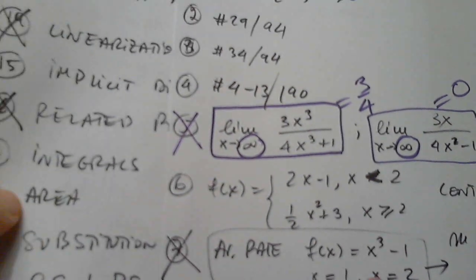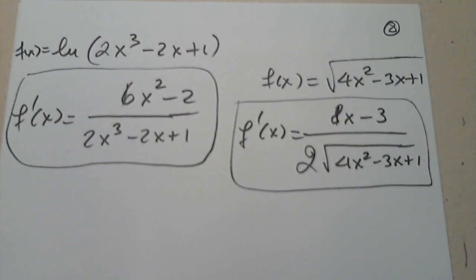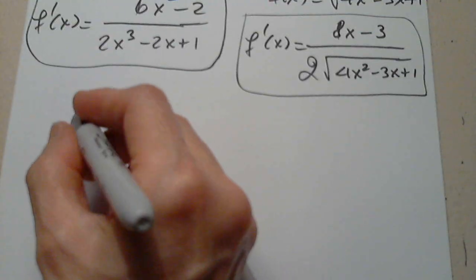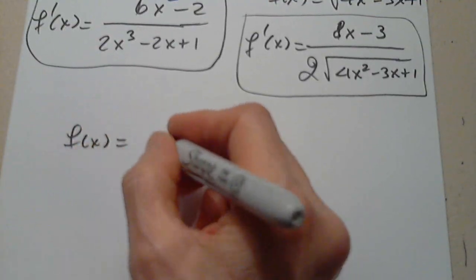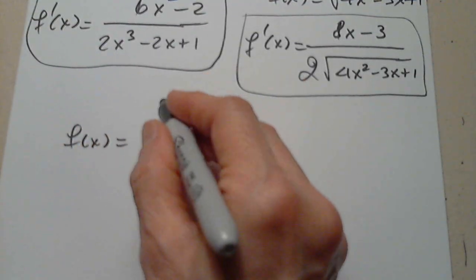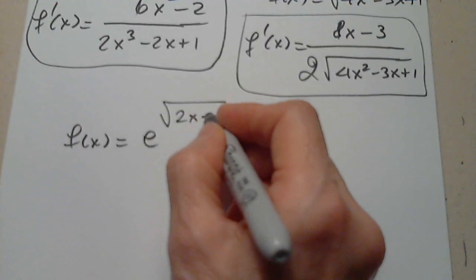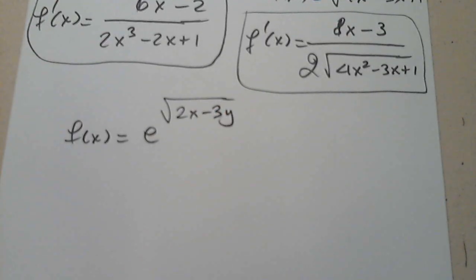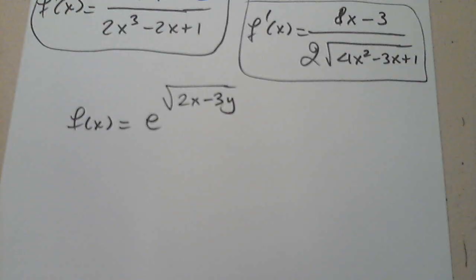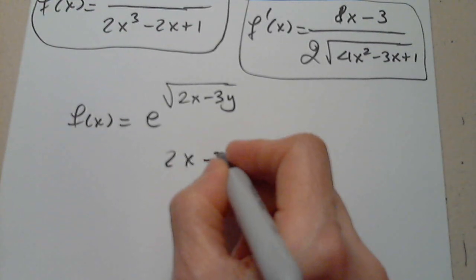So here's an example. Let's say I have f of x equals e to the square root of 2x minus 3y. The only thing I have to write is the 2x minus 3y.